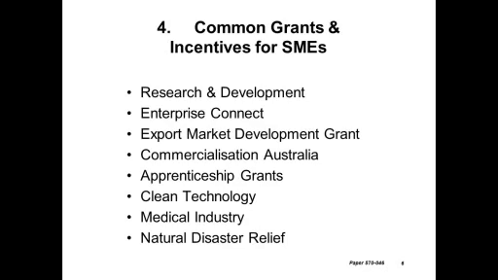Within Enterprise Connect, the grant can be up to $20,000 on a 50-50 basis to undertake virtually anything which will improve the business performance of your client. Now, I know of, and I've undertaken some of these tasks, it's work that's been undertaken by accountants under that program.